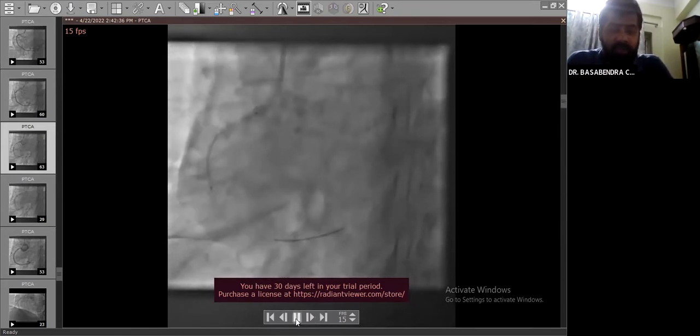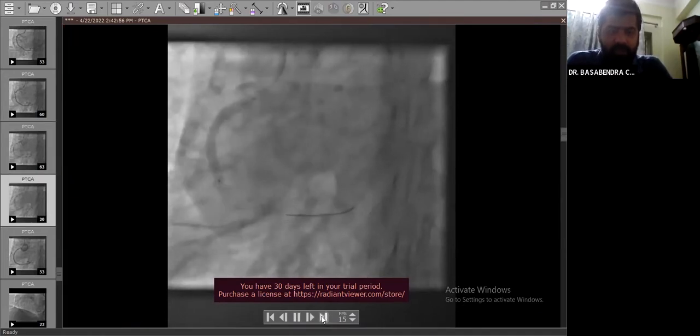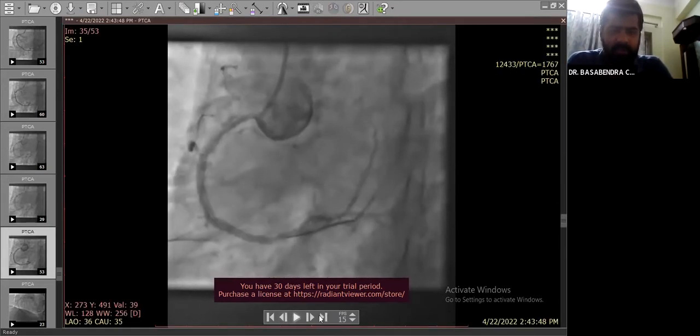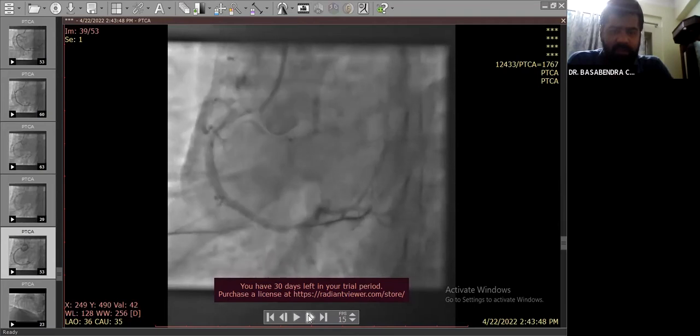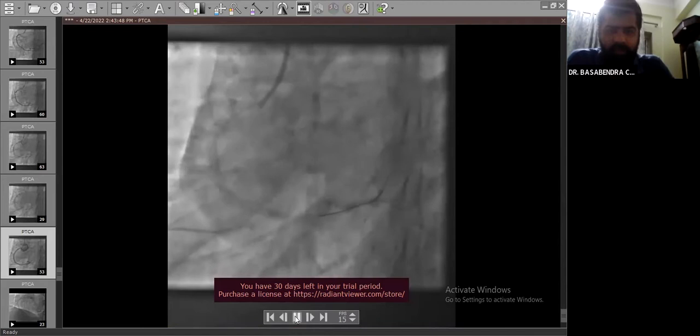We made sure that we covered the proximal disease, and the proximal part landed in a relatively disease-free area. It was inflated at 12 atmospheric pressure, and this was the result after both the stents were deployed.